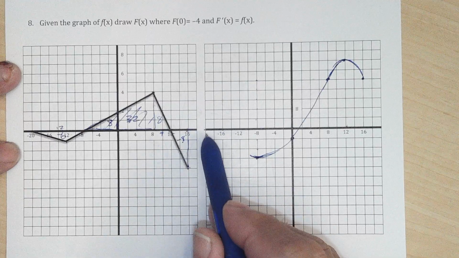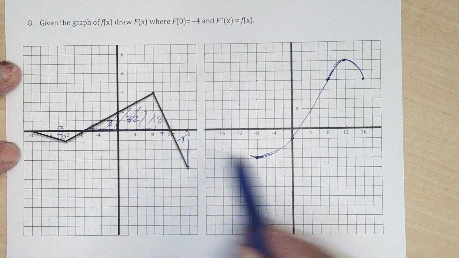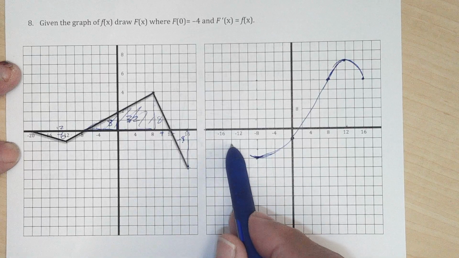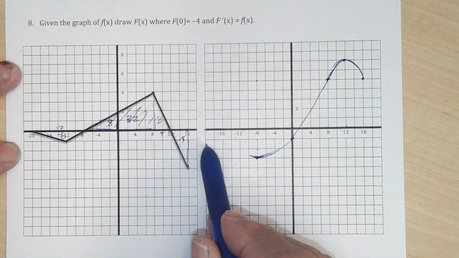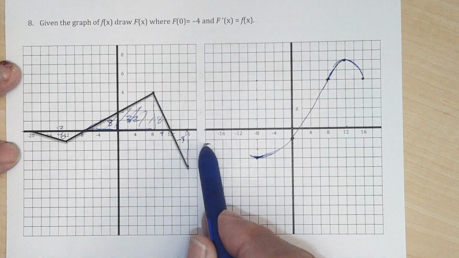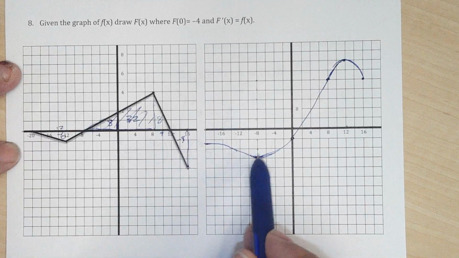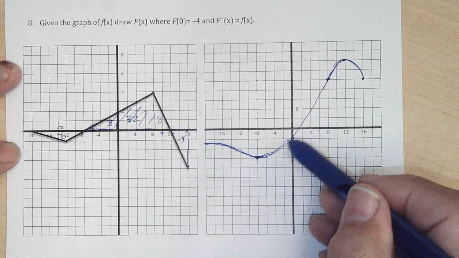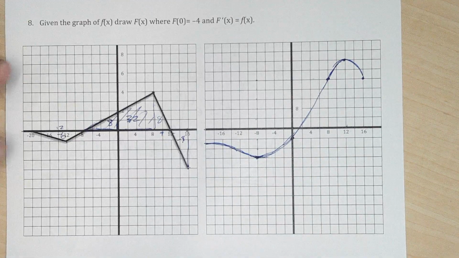It's got to go from here. It's got to go down 6. So if I'm going back, I've got to go up 4, 5, 6 by here. And the slope is 0 here, and it goes down to here. That's what it should look like.